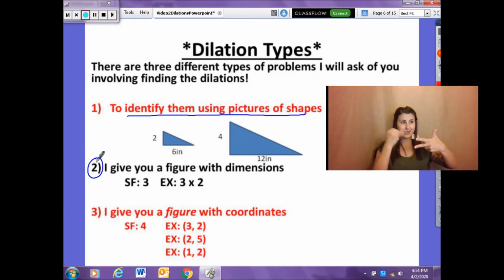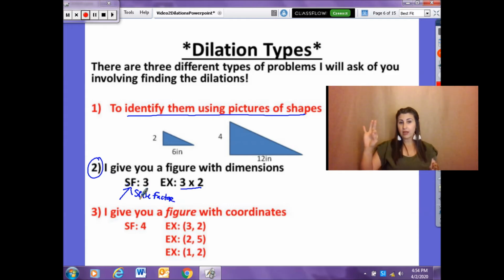For the second one, if I give you a figure with dimensions, for example 3 by 2, 4 by 4, and I want you to dilate it. Remember, dilate means to make bigger or smaller. How am I going to dilate it? This stands for scale factor. That's what you multiply by to get your new image.